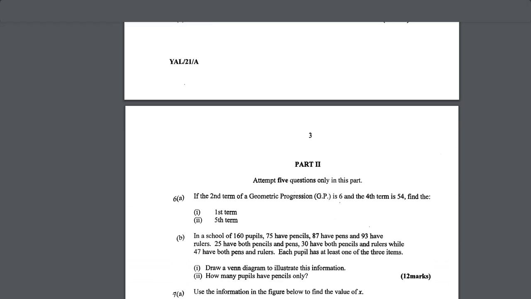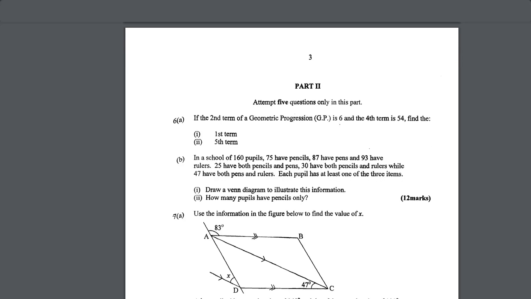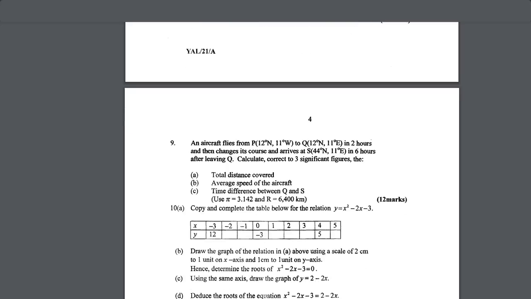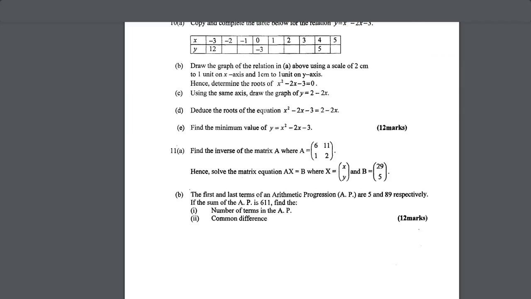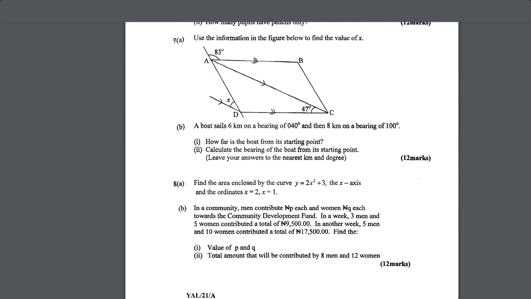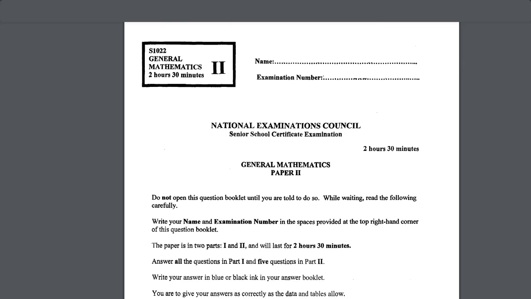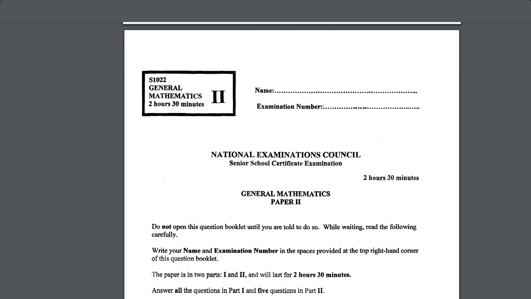Then we have attempt 5 questions from this. You can see there are many ones, so a total of 11 questions. So without wasting much more of our time, let's get started.